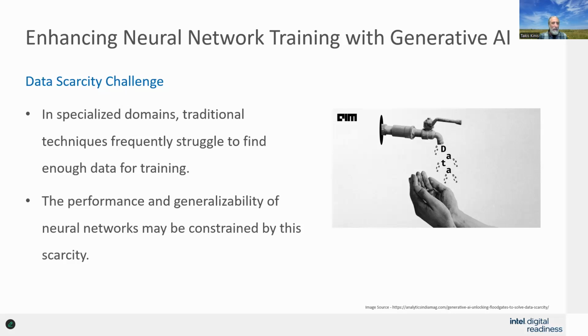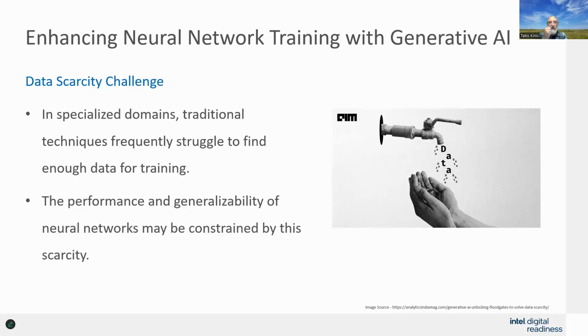When you're training an AI from scratch, we have this challenge of basically we don't necessarily have enough data to train it with, right? So notice it says in specialized domains, traditional techniques frequently struggle to find enough data for training. So why did Dragon Dictate have me read text?